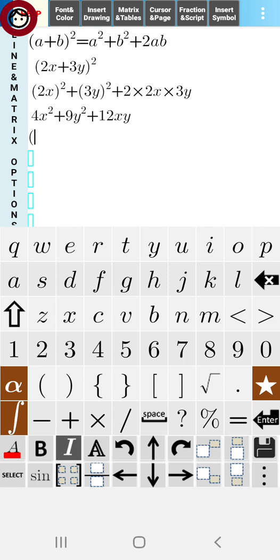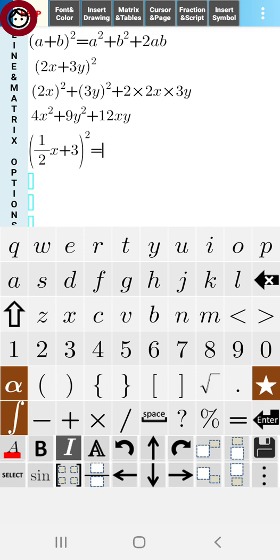Now we are going to take another example here: (1/(2x) + 3)². Now we are going to use the same identity to expand this.